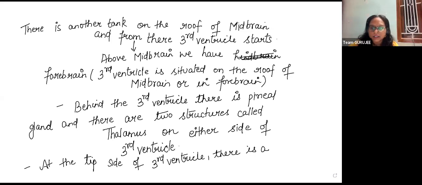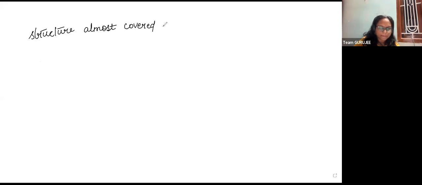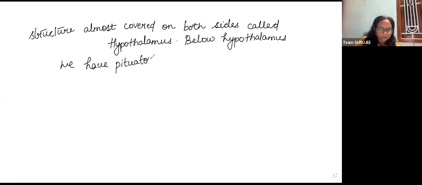So at the tip side of the third ventricle, there is a structure, almost covered on both sides, called the hypothalamus. Below the hypothalamus, we have the pituitary.